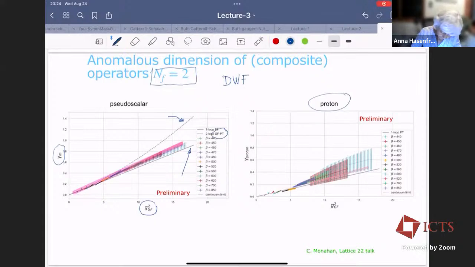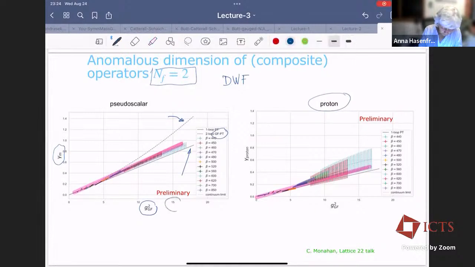Now again, what you might see, it's a mess because we have not cleaned it up yet, but the predicted anomalous dimension in the continuum limit is this pink line underneath. It again is very close to the 1 loop perturbative prediction. There is absolutely no sign of any kind of non-perturbative enhancement.